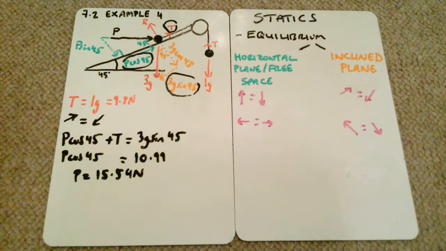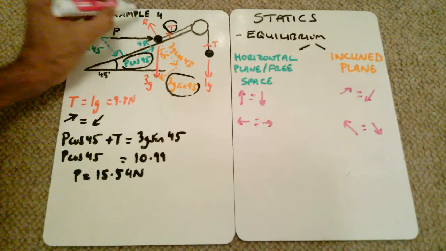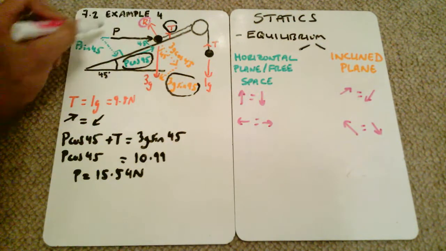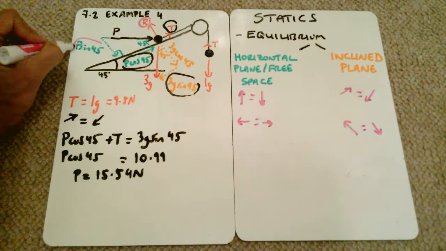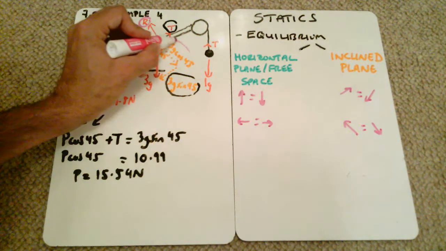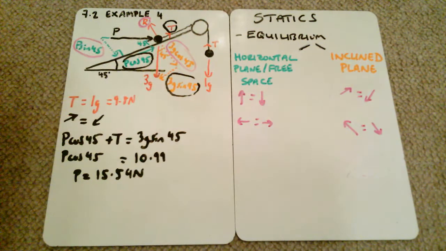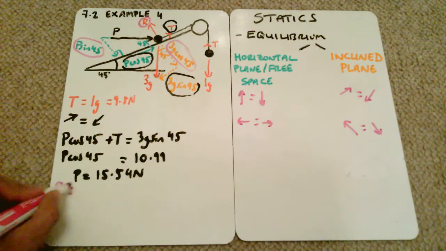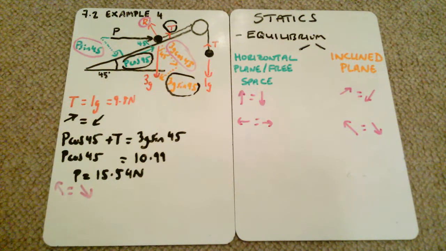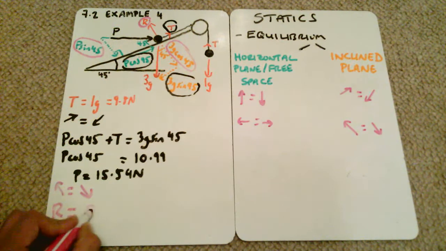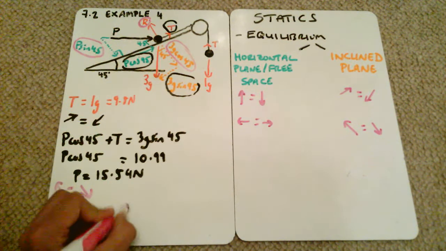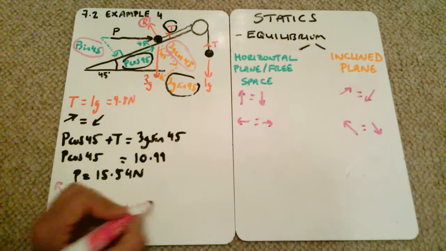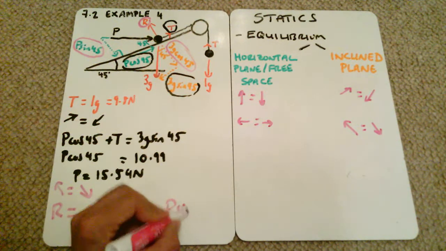If we now consider the forces perpendicular to the slope, well, that is our R. I'll show some pink. So R, P sine 45, and 3g cos 45. Those are forces acting perpendicular. So if we say forces perpendicular out are equal to forces perpendicular in, we can say R is going out, and that is equal to 3g cos 45, and we are going to add on the P sine 45.